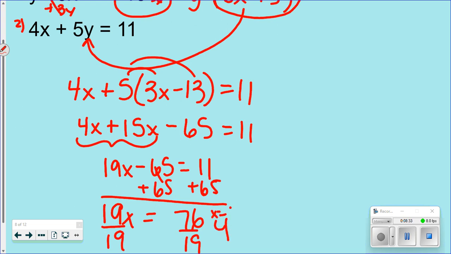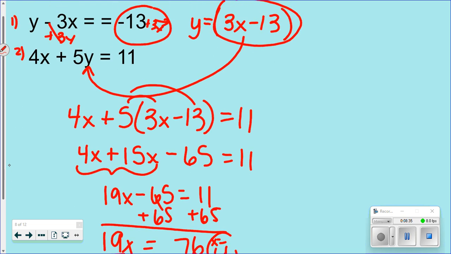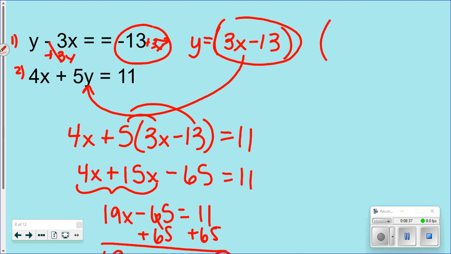So x equals 4. Now remember, my answer is going to be in an ordered pair. So I have my x. My x was 4. Okay, now I have to work to find my y, and it's very, very simple to do that. So if x is 4, I'm going to go back to the equation that I used here and substitute.